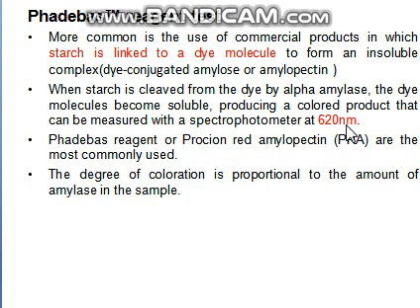Based upon the intensity, the absorbance will change, so you would be able to know the concentration. The more concentrated your sample is, the more starch would be cleaved off, and thus the more dye is released and the more color is produced. So color is directly proportional to the concentration of the salivary amylase present in the sample. The reagent which is generally used is Phadebas reagent or Procion red amylopectin.